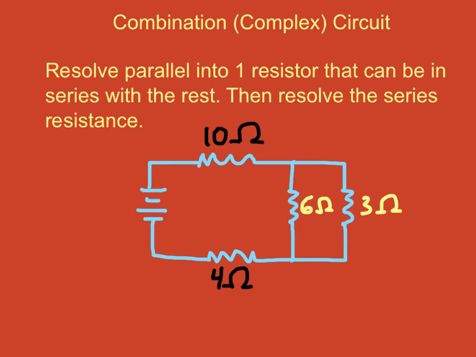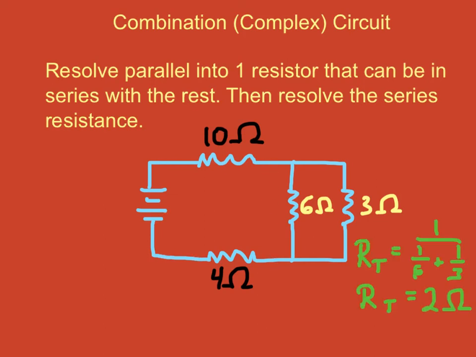And lastly, we have these combination circuits, where part of the circuit is parallel, but another part of it is series. The strategy is to work out the parallel circuit first and resolve it down to a total resistance, turning it into what would be one resistor in series with the main leg of the circuit.